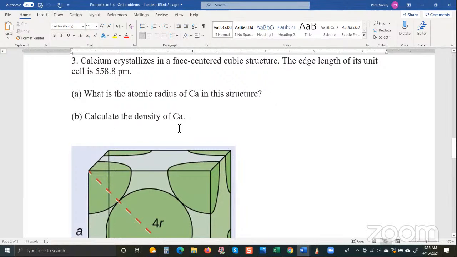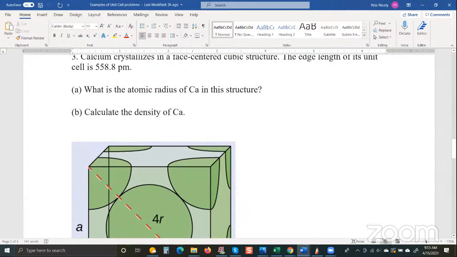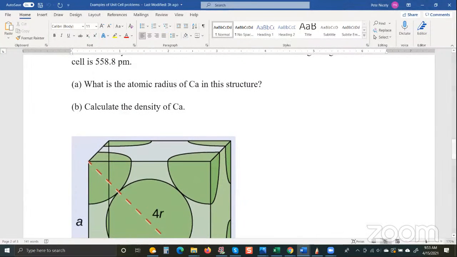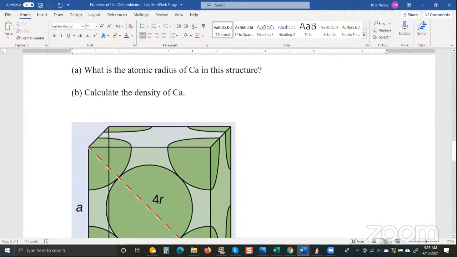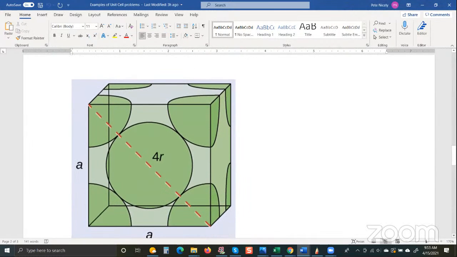The second part is asking for us to calculate the density of calcium based on what we just did and based on the assumption that it's a face-centered cubic structure. So again, we have to get a feel for the three-dimensional arrangements that's taking place here. Now, if you remember, we said in the previous example that whenever an atom occupies a corner, it's basically 1/8 of an atom being contributed to that unit cell for each corner.